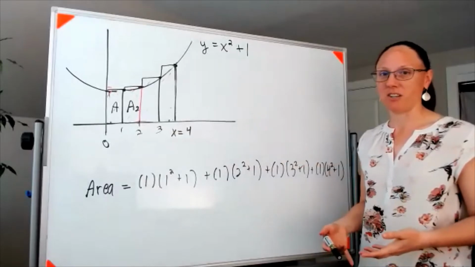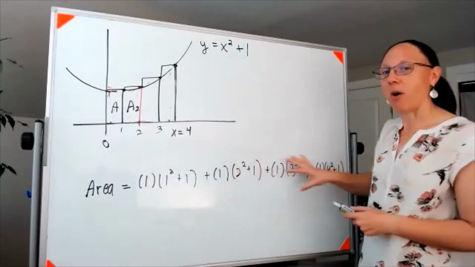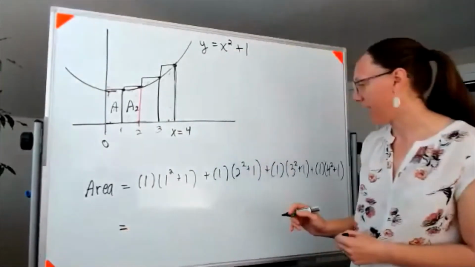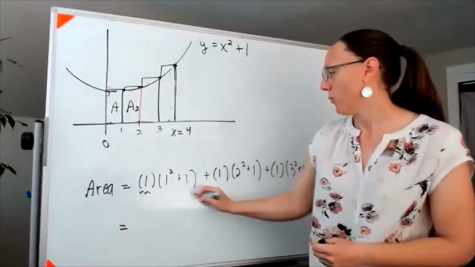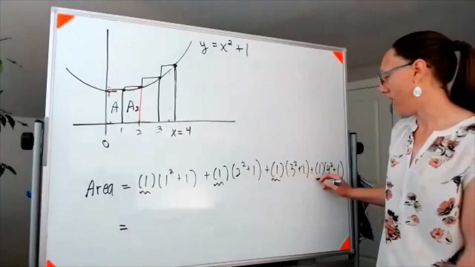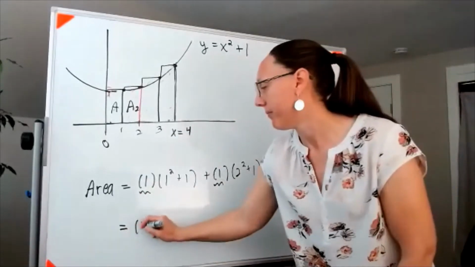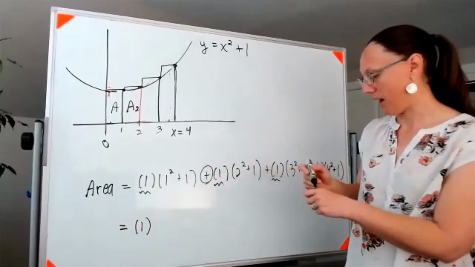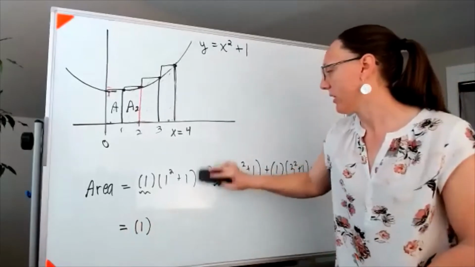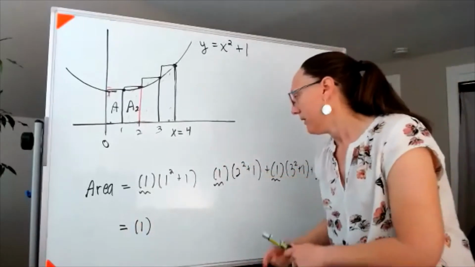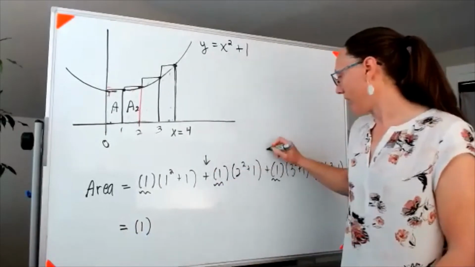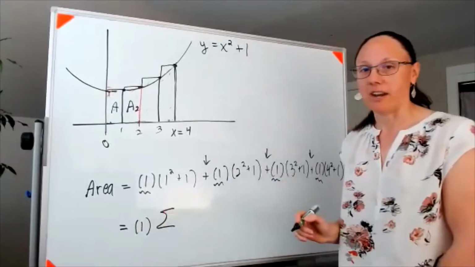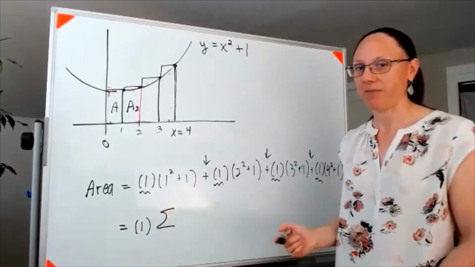Now, hopefully, maybe you're starting to see that this garbage over here can also be written using sigma notation. So adding up all of these rectangles, I could write that as, well, all of these have this 1 in common right now. And then if I look at where we're splitting at the summation, I look at where each of those splits is happening, and I turn that into a sigma notation.